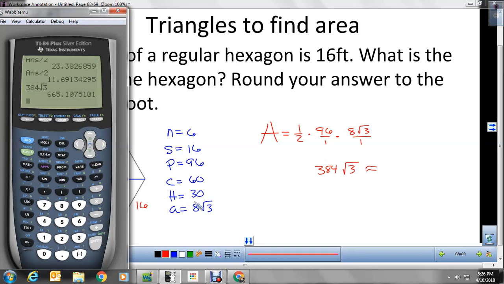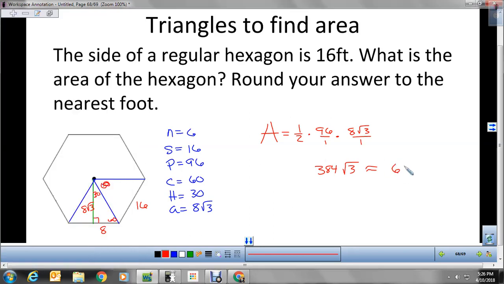That answer comes out to be approximately 665 to the nearest foot. So 665 square feet. So we got both answers here. First answer is an exact answer, and the second one is rounded off answer to the nearest foot.